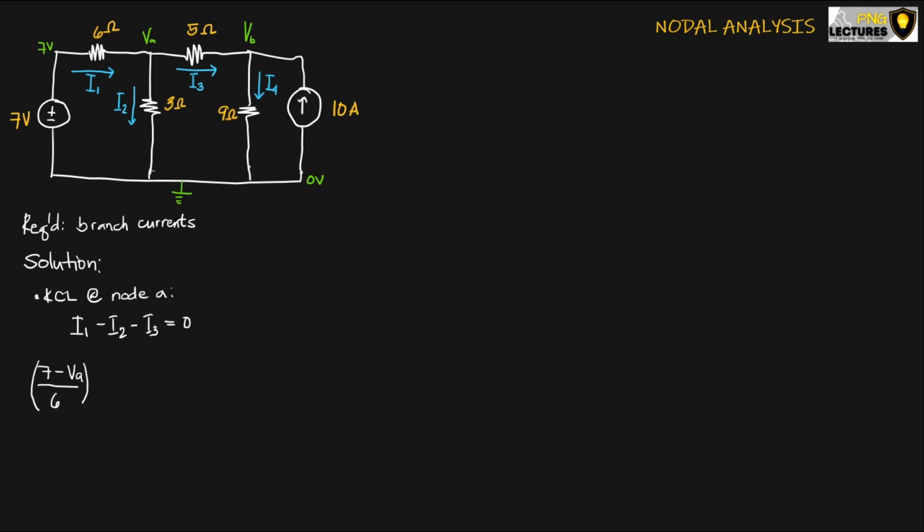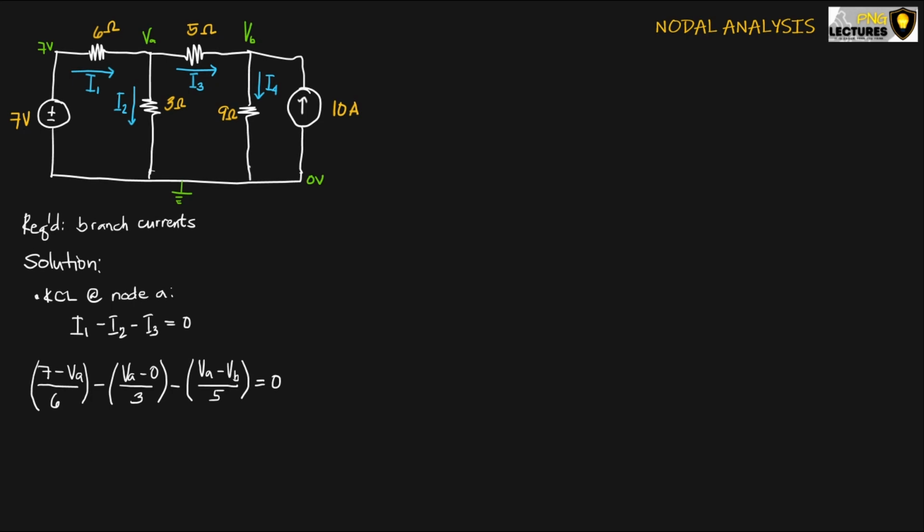Similarly, I2 flows from VA to the reference node, so higher potential being VA: VA minus 0 all over 3, 0 because it flows to the reference node. And I3 is flowing from VA to VB, so VA minus VB over 5, and the equation is equal to 0.